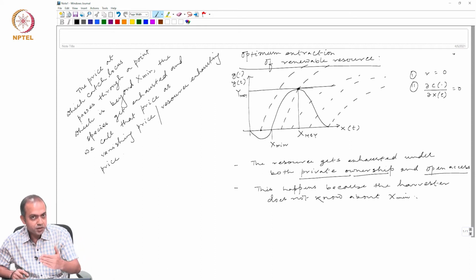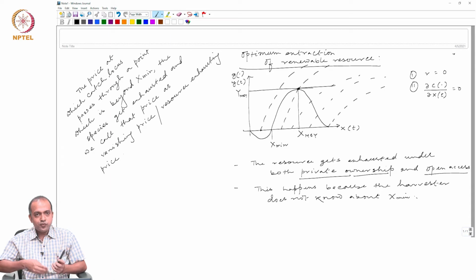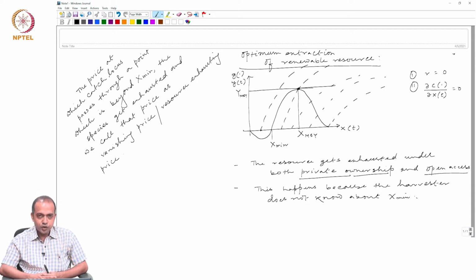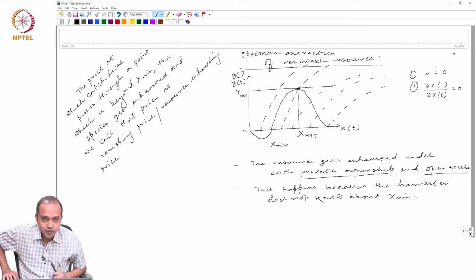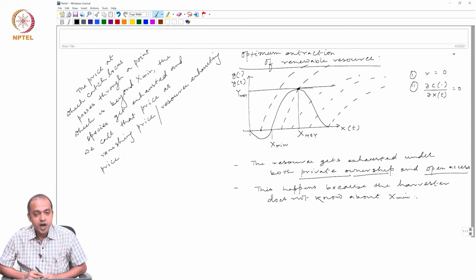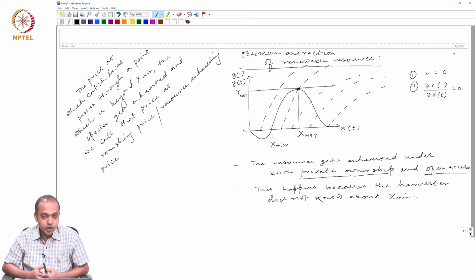So, even when it is private ownership, we may feel that the resource is well maintained, and that is true, but still under private ownership the resource gets exhausted when the resource becomes so attractive for its price, because the harvester does not know what x min is.